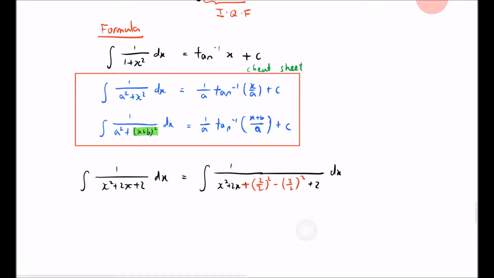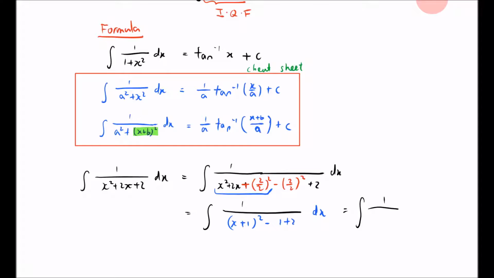Then this equals integrate 1 over, now these three terms will give you your completing the square, so (x plus 1) bracket squared, minus 1 plus 2, dx. So here you get 1 over 1 plus (x plus 1) squared.